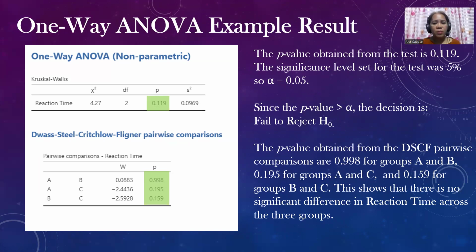The p-values obtained from the DSCF pairwise comparisons are 0.998 for groups A and B, 0.195 for groups A and C, and 0.159 for groups B and C. This shows that there is no significant difference in reaction time across the three groups.